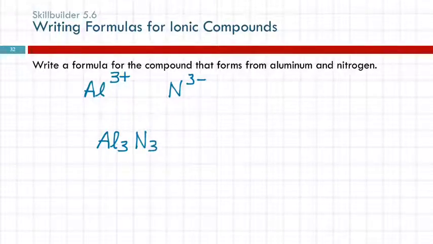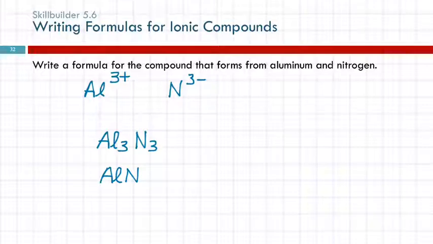We can reduce that, right? Because this is a ratio of 3 to 3. That can be reduced to a ratio of 1 to 1. So that's what the instructions a couple slides ago told you to do. The other thing you can do that I recommend before you start crisscrossing is just look at the charges. 3+, 3-.